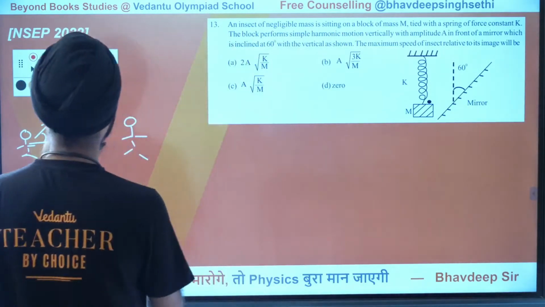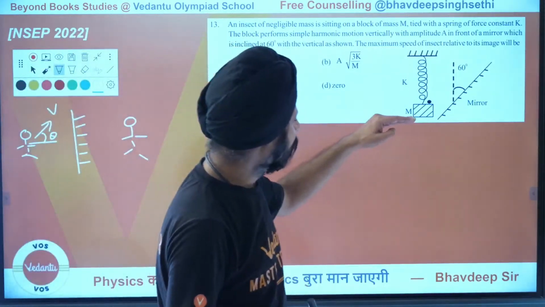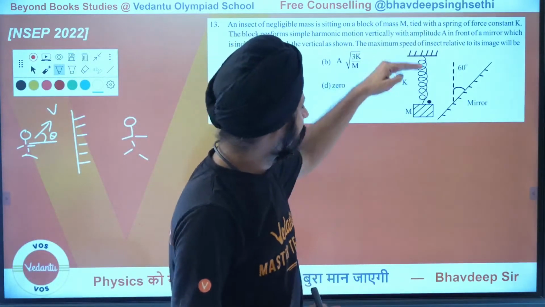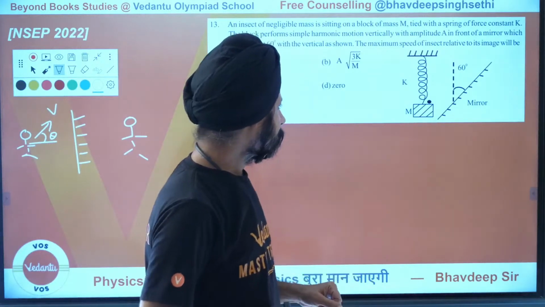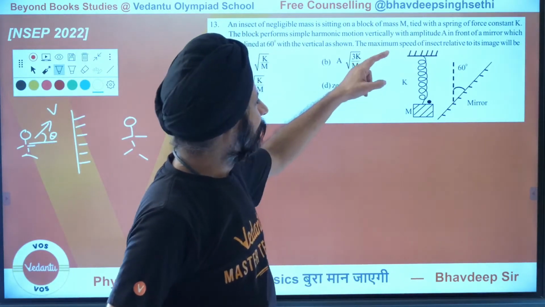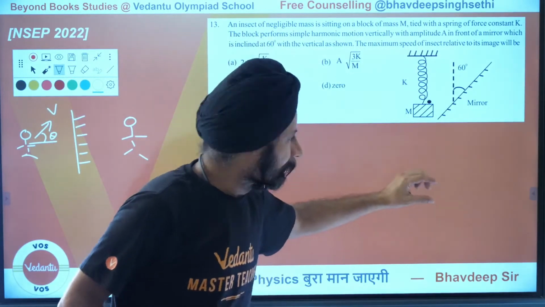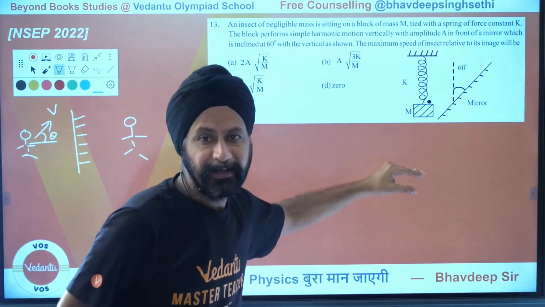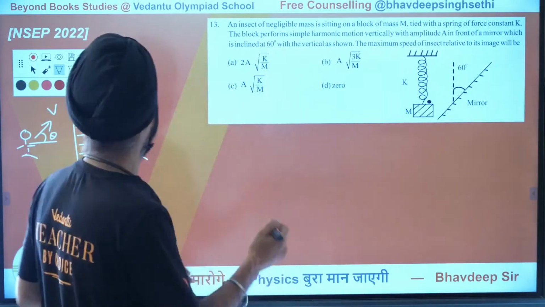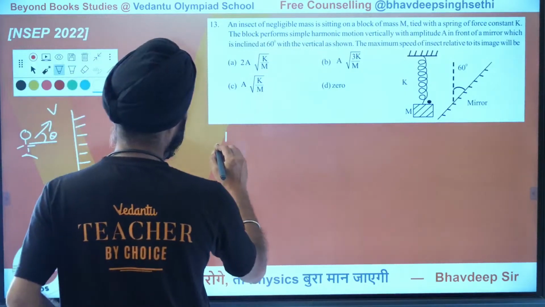So with that concept out there, let's first try to understand how fast this is oscillating. See, mass of m, amplitude of a. So when you pulled it down to a, you gave it a potential energy of half ka square. This is a very easy question.